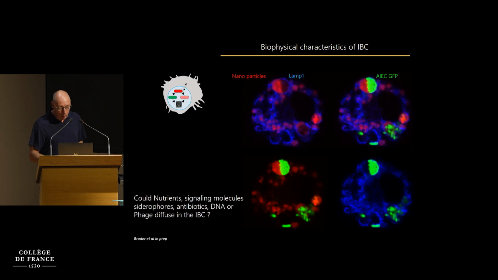But more interestingly, we started to play with nanoparticles to try to characterize the biophysics of this environment. And we obtained very, very surprising results. These are small nanoparticles that fluoresce in red when they are in an acidic compartment. And this is bacteria.